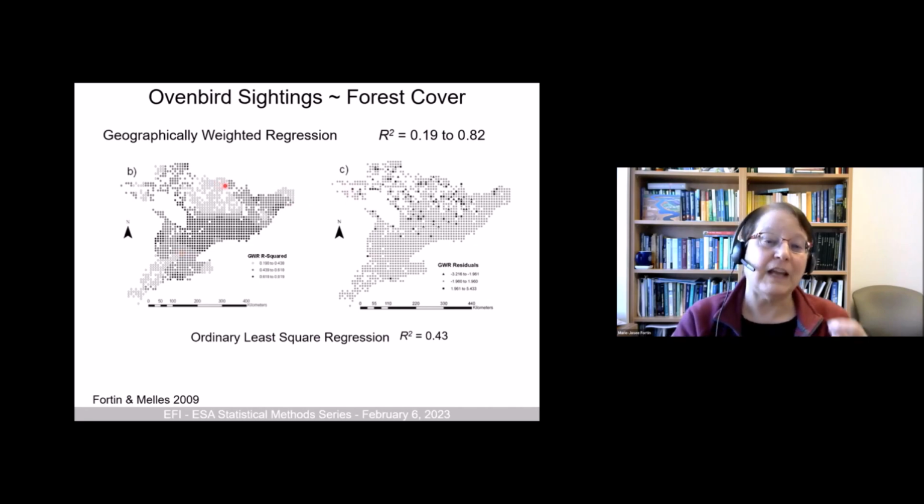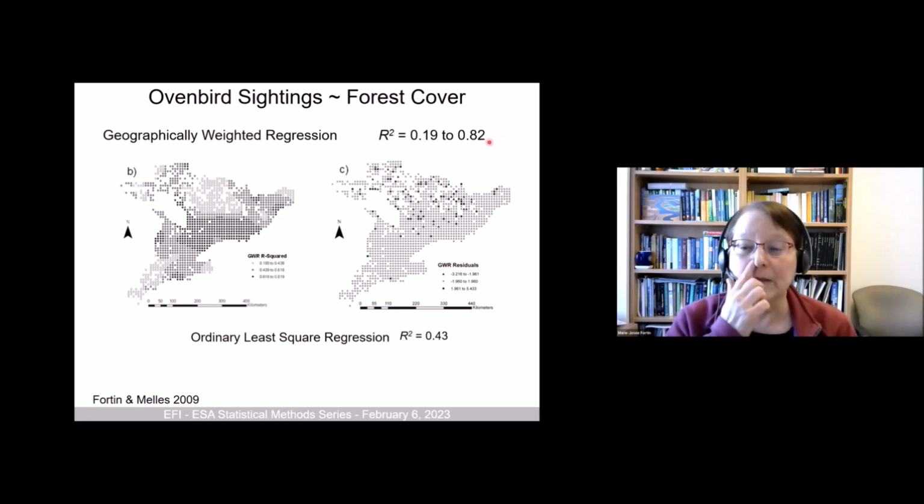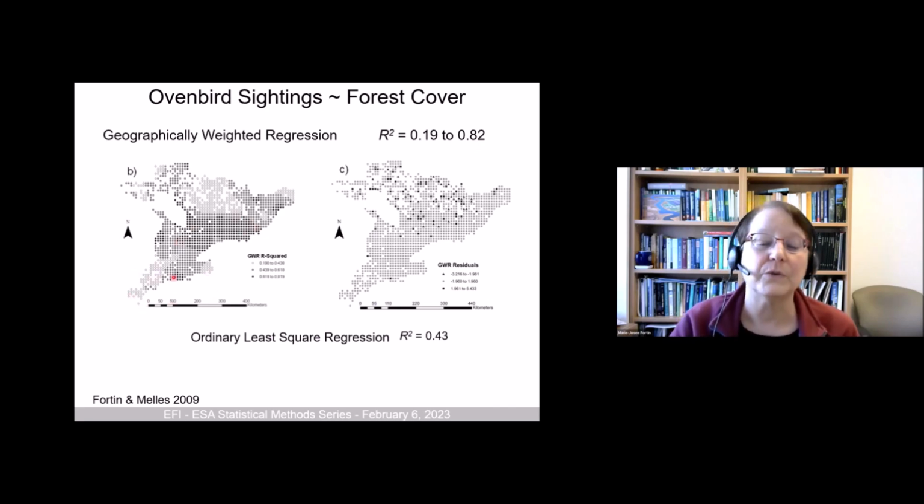Because we have as many regressions as we have sample points, the range of those values, for this analysis, not in the one that you will use, is 0.19 to 0.82. So I have very good fit in some regions and very poor fits in others. So I like to say, okay, maybe I need to stratify or to have sub-regions and do the analysis only for those regions that have high values.